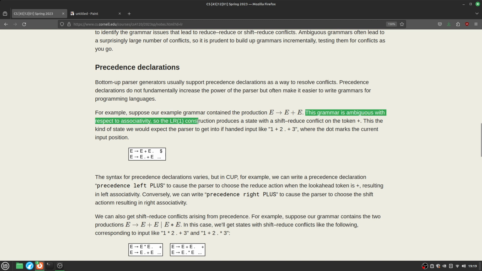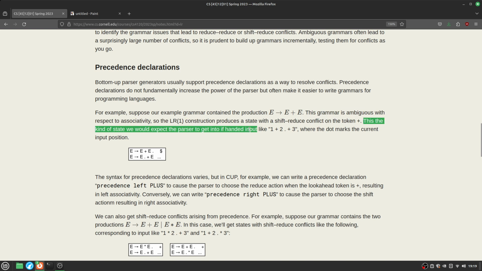So the LR1 construction produces a state with a shift-reduce conflict on the token plus. This is the kind of state we would expect the parser to get into if it handled input like 1 plus 2 dot plus 3, where the dot marks the current input position.